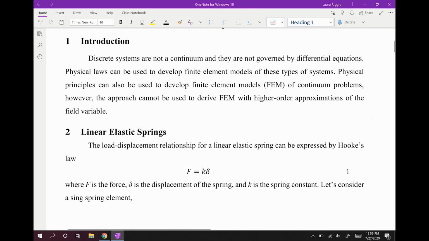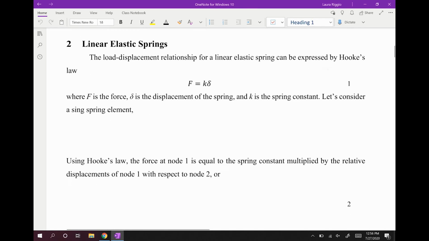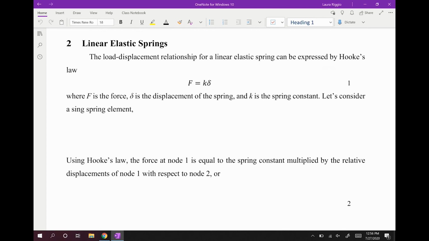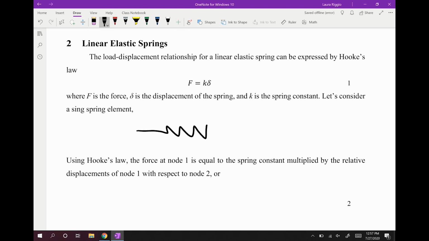So the first type of system we're going to look at is a linear elastic spring. The load displacement relationship for a linear elastic spring is expressed by Hooke's law, which of course is force is equal to our spring constant times our displacement. So if I was to draw what is considered a spring element, I'm going to draw a single spring.